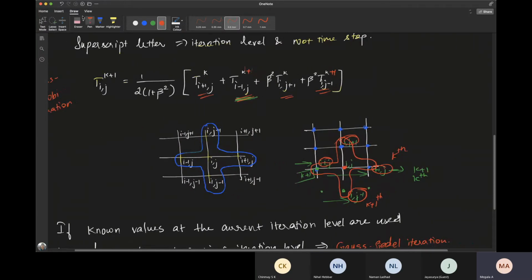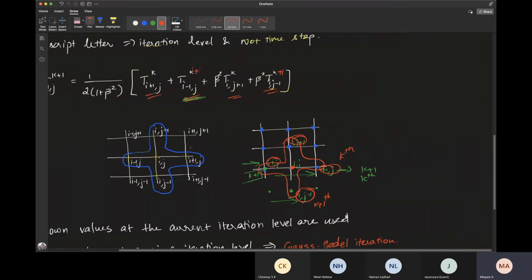It will not always be just these two terms that will be at the k plus 1th iteration level. It depends on the direction that you are moving. Suppose instead of going towards the right, if I had gone towards the left, then i minus 1, j will not be known at k plus 1. It will be known only at the kth iteration level.